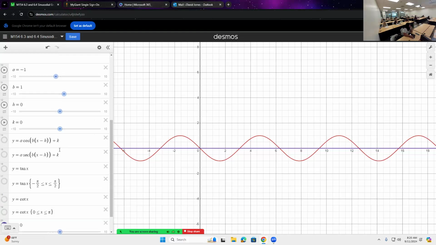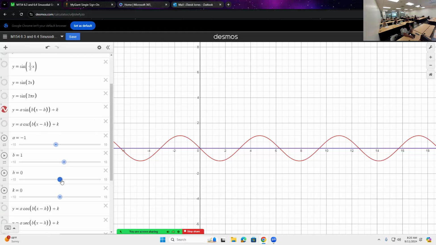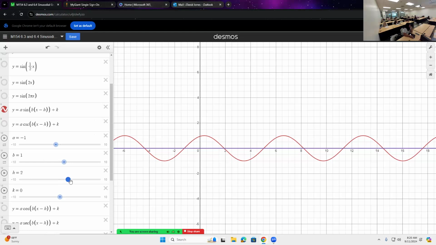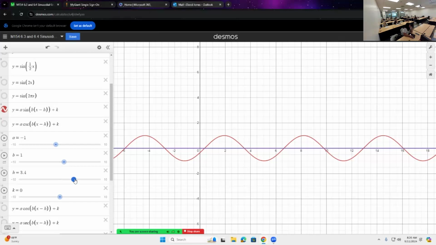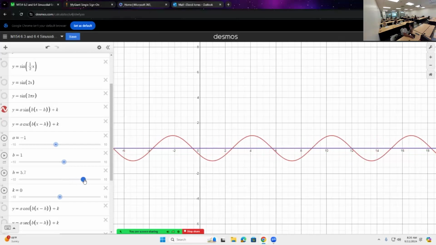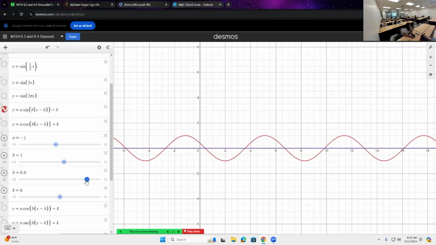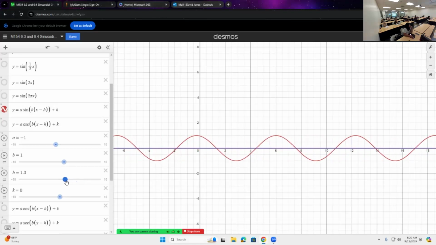So as we change h here, if I make h positive, the graph moves to the right. And if you do it the right amount, it will get to exactly where it was before. This is kind of what happened with algebra.